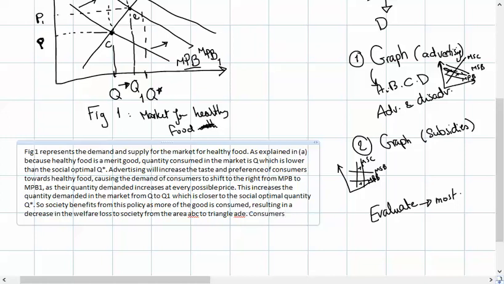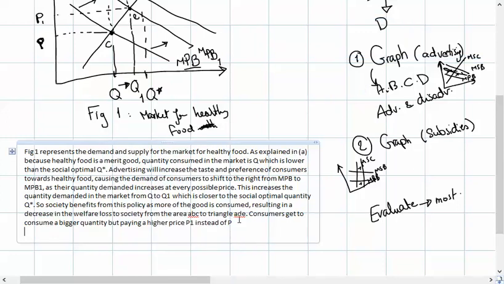Consumers get to consume a bigger quantity, but paying a higher price, P1 instead of P. So this is the advantage to consumers, and at the same time it's a disadvantage.